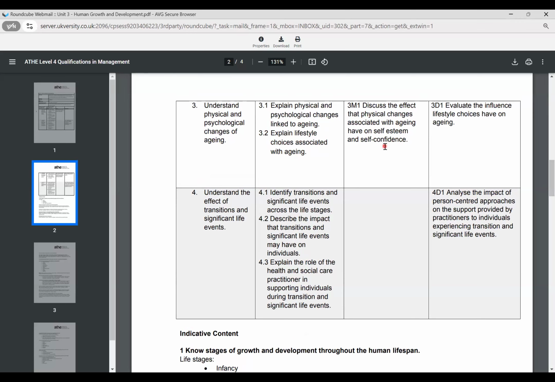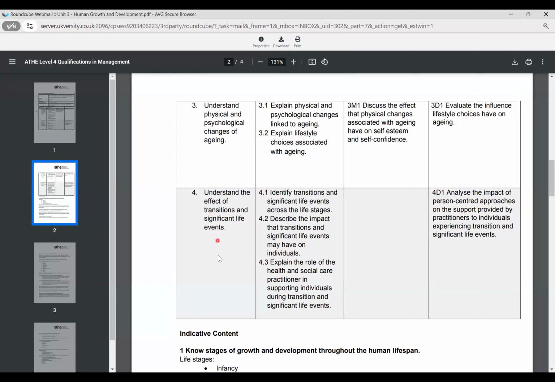For a merit, you would want to discuss the effect that physical changes associated with aging have, and what's the impact on self-esteem and self-confidence. In order to gain a distinction, you would want to go further and evaluate the influence of the lifestyle choices that you have, and what is their impact on your aging.